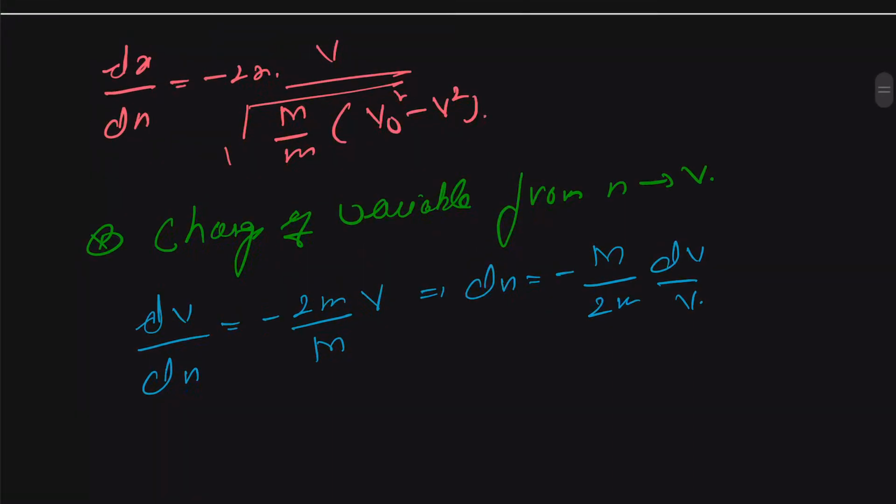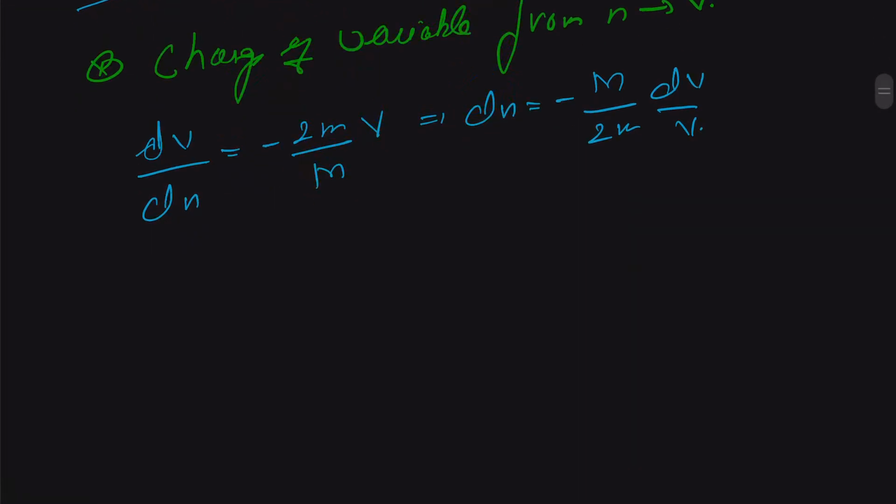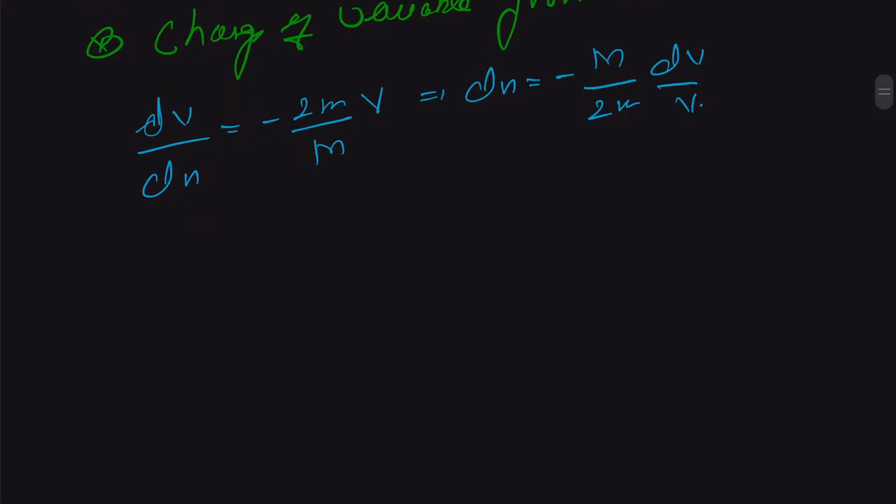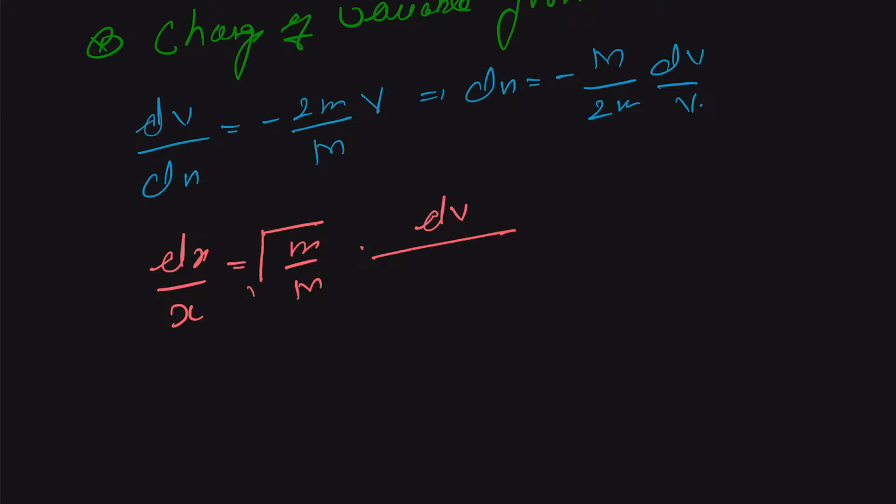Therefore in this equation, dx upon x will be equal to the square root of M upon m times dV upon the square root of V naught square minus V square. Now we have everything, because we have a relationship between our distance and the velocity.